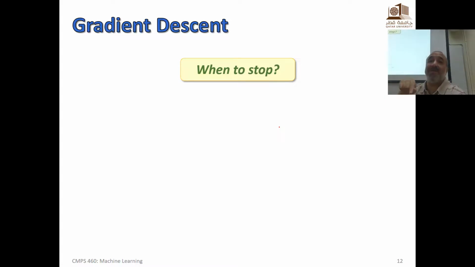How about the values of the parameter? If the values of the parameter stop changing a lot, then probably we can stop. Okay, what else? Any other ideas?